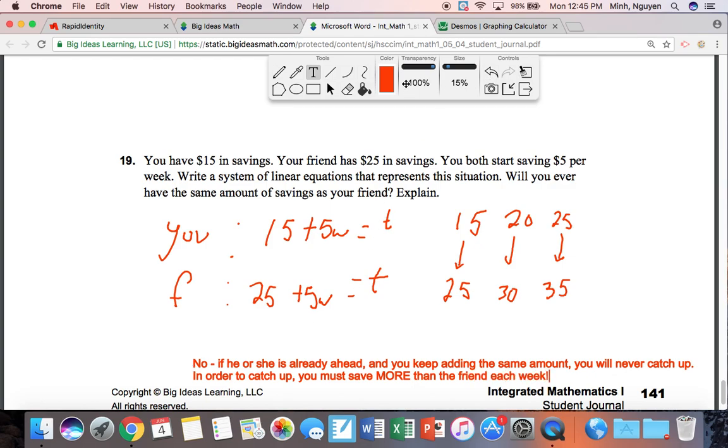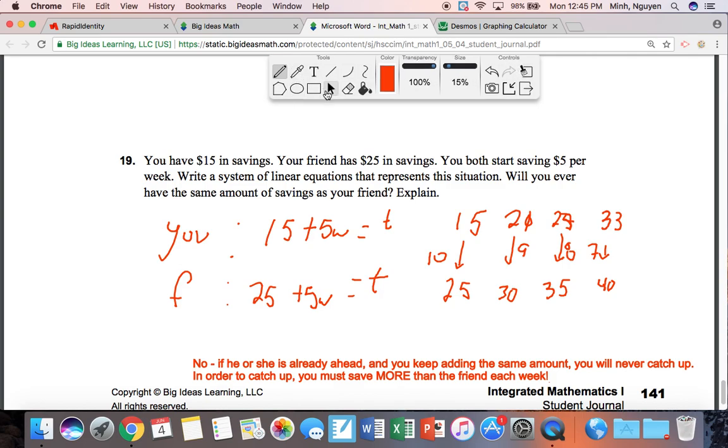Like if it was $6 and the other guy or girl was only saving 5, you'd have 21 here. Plus 6 is 27. Plus 6 is 33. So you go from a deficit of 10 to 9 to 8 and then 7. But alas, when there's only $5, you'll never catch up.